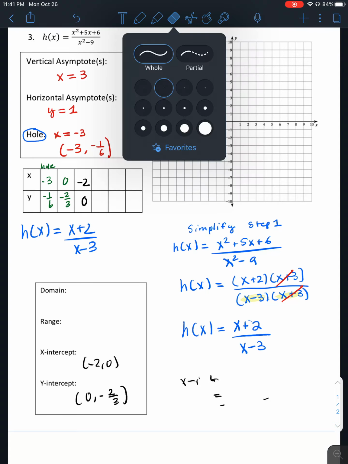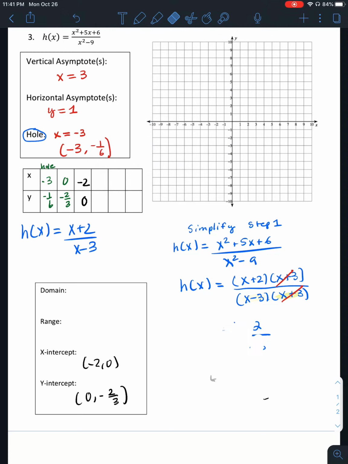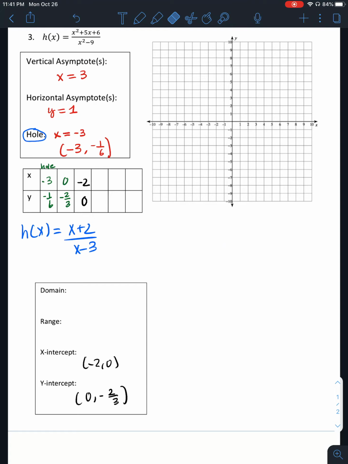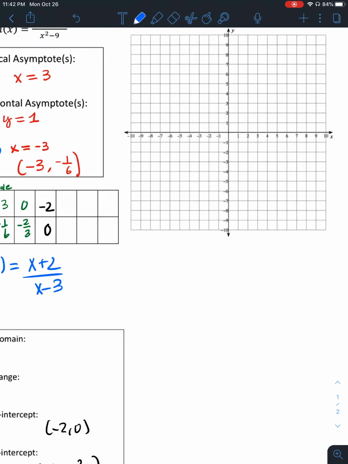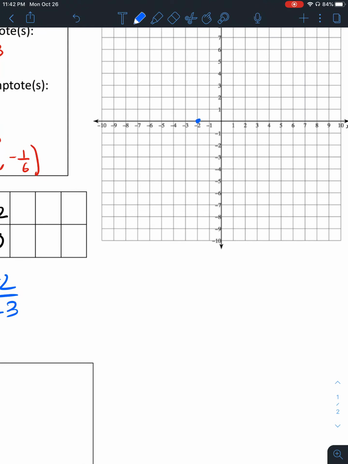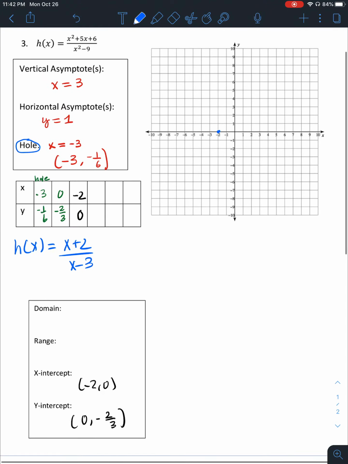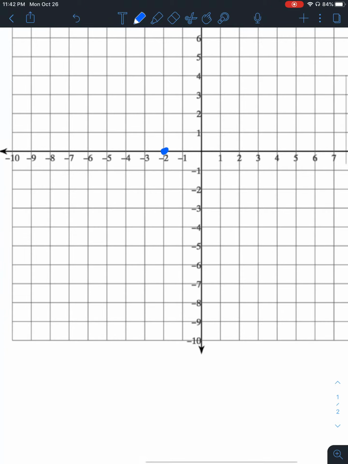And just keep in mind, it's really important to keep your work clean, double check your work, and make sure you don't make math mistakes. It's really easy to make mistakes while doing this stuff. So -2, 0 is my x-intercept. 0, -2/3 is right there.